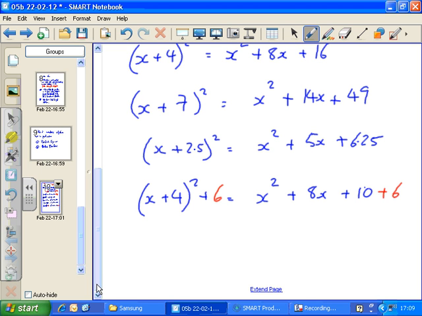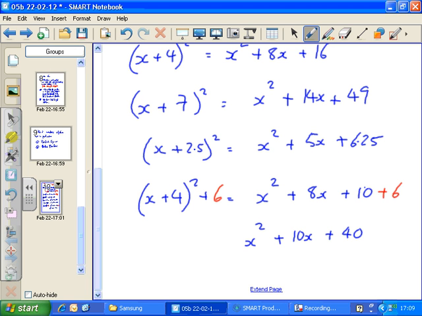Do this one for me. You add it onto there, so you can add it onto the other. You need to add it on. Minus 10. These are the things we might shift.